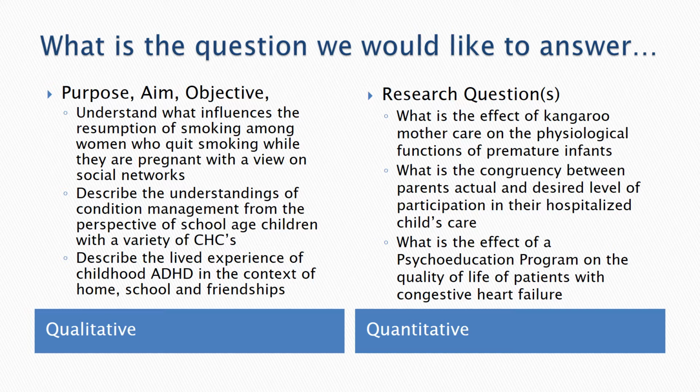It's not a drug, but it's actually an educational program, and they want to find the effects of that. So congestive heart failure patients typically have poor quality of life. So does this program improve quality of life? And of course, we need a way to measure that too. So just some good examples of qualitative versus quantitative questions, purpose, aims, objectives.